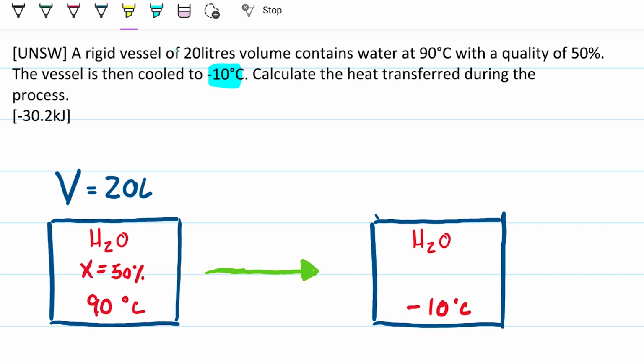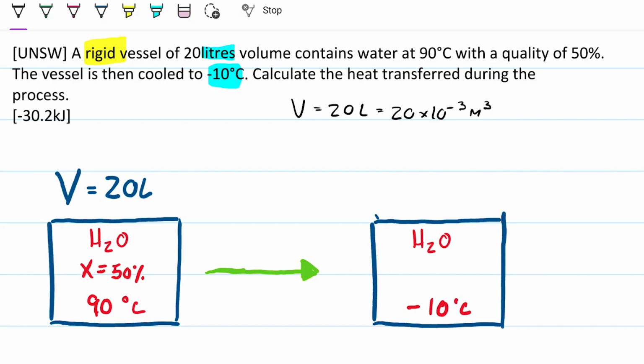Other things to be aware of: this is a rigid vessel, so this is a code word that the volume does not change. The other thing is that we have the units in liters, so before we do anything, we can say the volume is 20 liters, and that is the same as 20 times 10 to the minus 3 meters cubed, just off the bat so that we don't forget that later on.